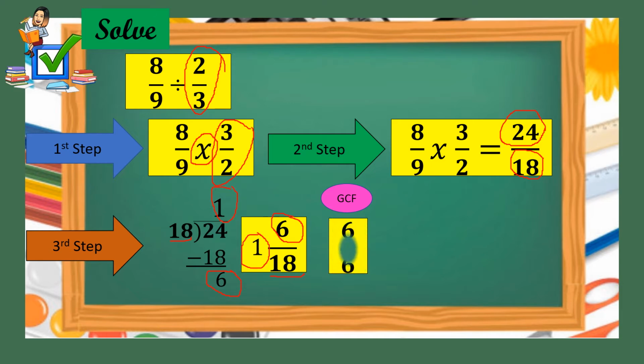Okay, so the GCF of 6 and 18 is 6. So we need to divide it. 6 divided by 6 and 18 divided by 6 equals, the answer would be 1 and 1/3. Copy the whole number 1, and 6 divided by 6 equals 1. 18 divided by 6 equals 3.